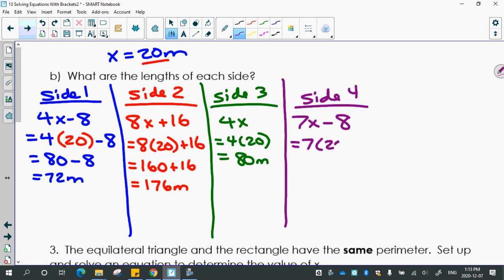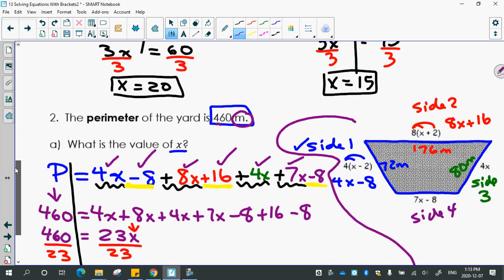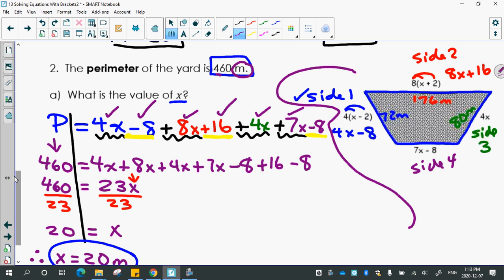Replace x with 20. 7 times 20 is 140. 132 meters. Once you got it, you go back to your picture and you write in 132 meters here.